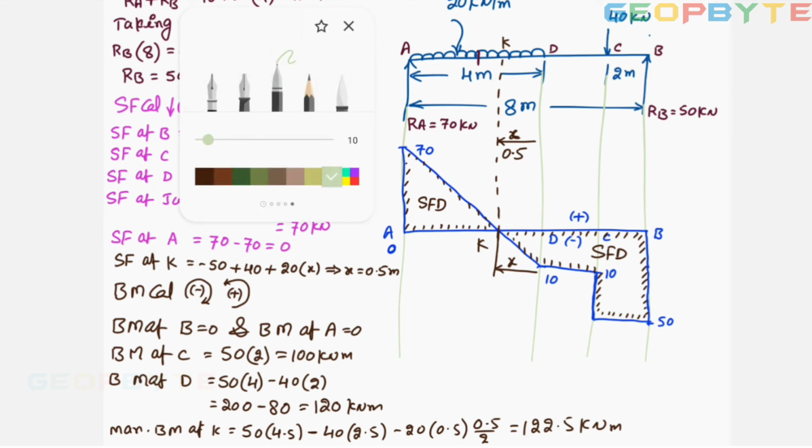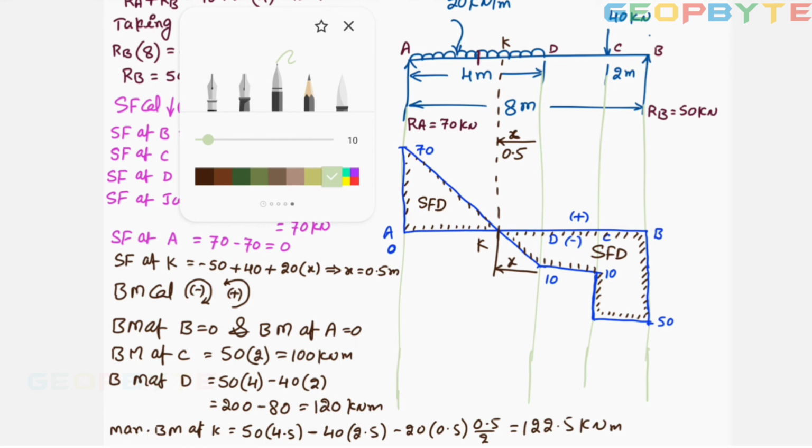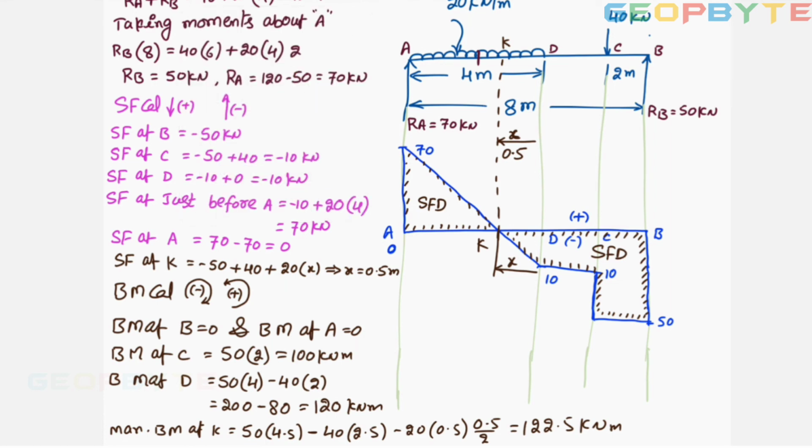Now let us draw the BM diagram. For that I need to project the vertical lines from the respective points. Take the reference line somewhere here. The BM diagram comes on the positive side or negative side according to its value. Respective points like A, B, C, D. Bending moment at B equals 0, at A also 0.